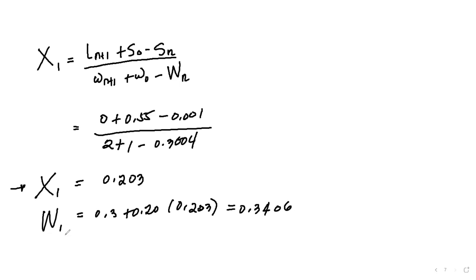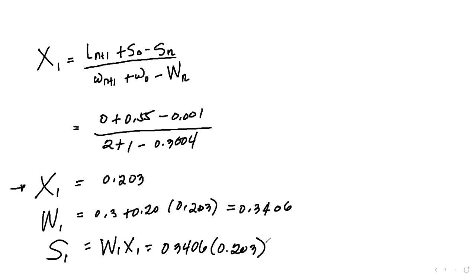Once you have this, it was also presented to you. You can find the solute present in the underflow of the first thickener. So this is actually W1X1. So you have 0.3406 times 0.203. So your S1 will be 0.0691.